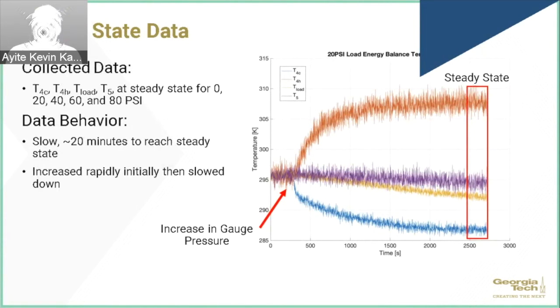Finally, the steady state behavior of the temperatures shows an increase in judged pressure rapidly and slowly reaching steady state, keeping in mind that as the input pressure increases, the difference between the mass flow rates increases.